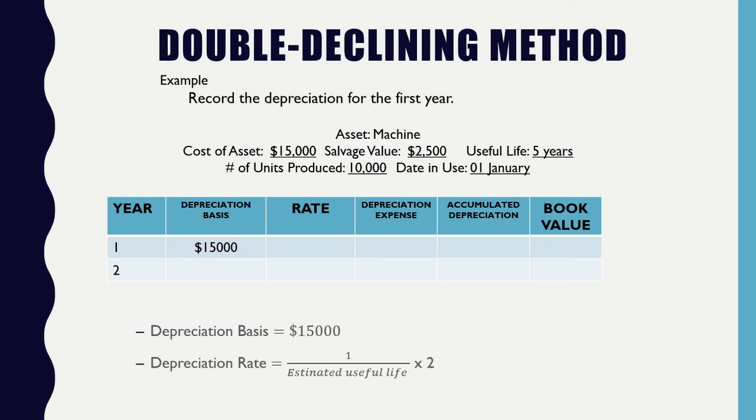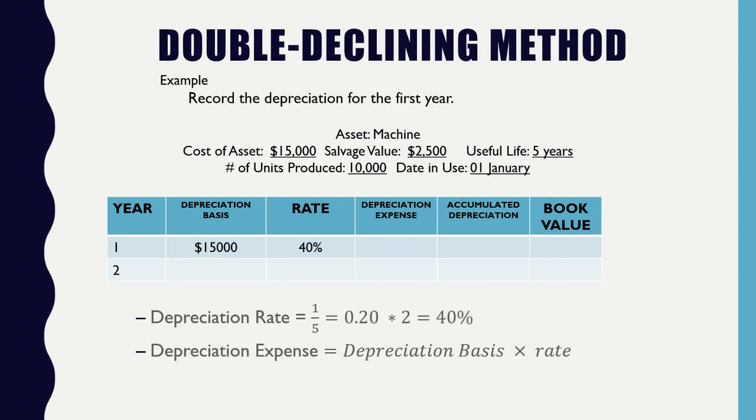So 1 divided by 5 times 2 should give you 40%, 0.4, however you want to use it. If I calculate it, it should be 0.4, and if I'm using the calculator, 0.4, right? Because it's percentage. Therefore, I'm going to depreciate it 40% every single time.